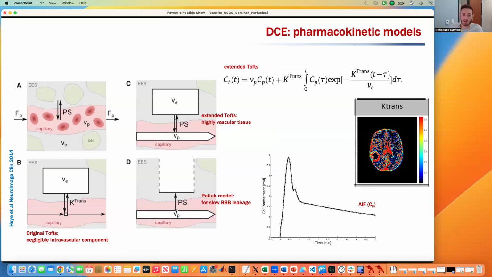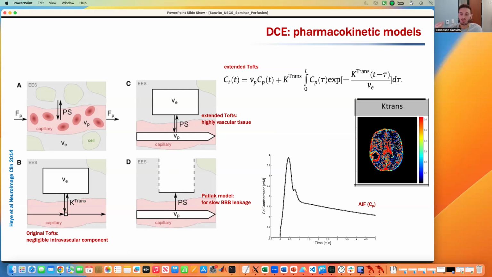So it only models the Ktrans with no VE, because if the extravasation is very slow over time, you can assume that the VE is pretty much infinite. And also that there is no reflux, there is no Kep, because the concentration is always very small and negligible. So the Patlak model is not appropriate for brain tumors.